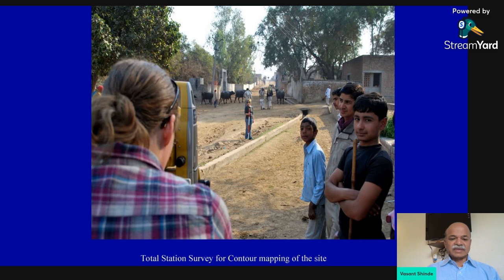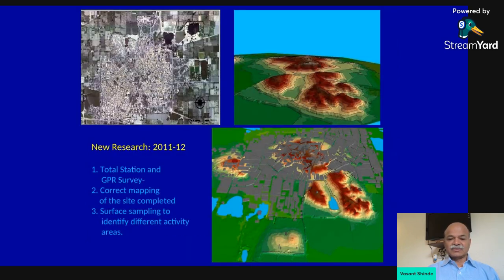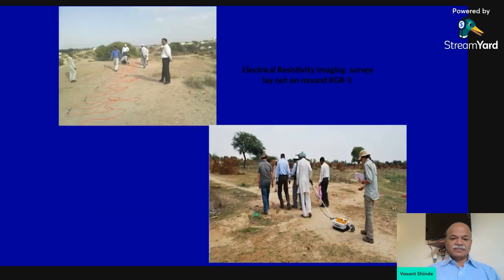We used the latest total station equipment for preparing the contour, and we have been able to produce 3D contours of the site. You know that when we excavate the site, maybe we also destroy the morphology of the site, but that morphology can be preserved with the help of this type of mapping that we have done at the site of Rakhigarhi.